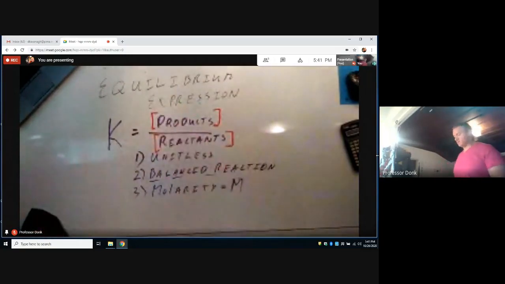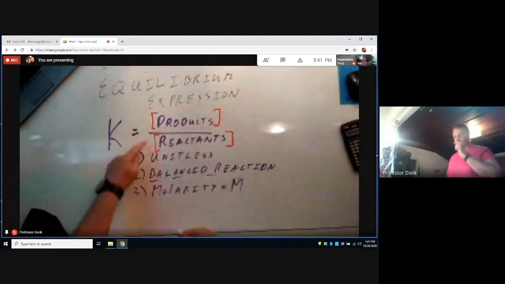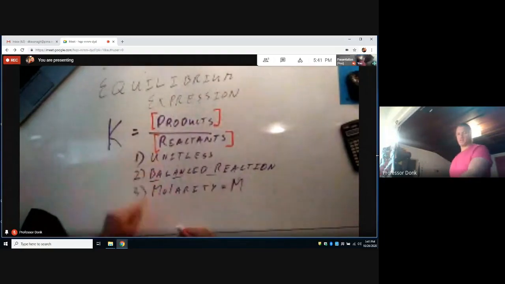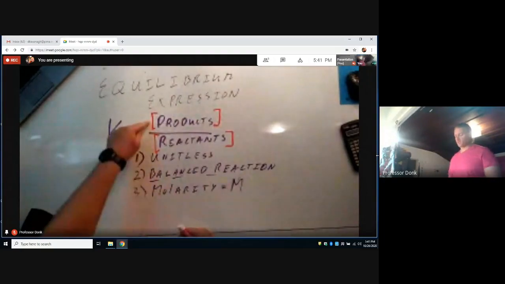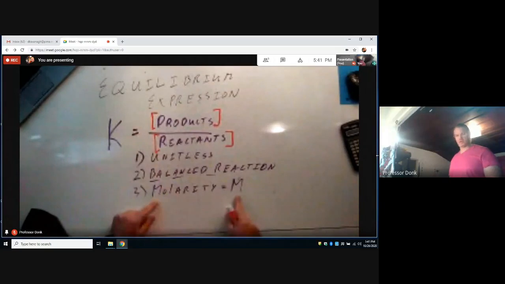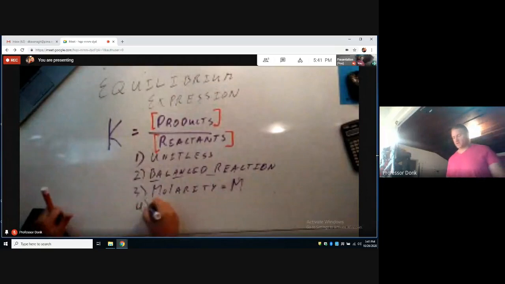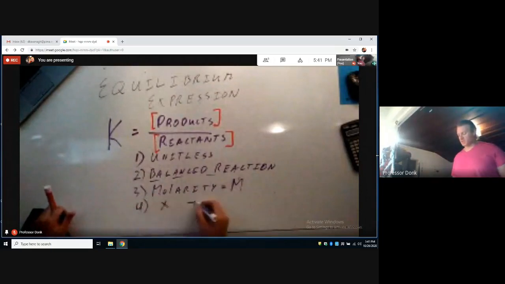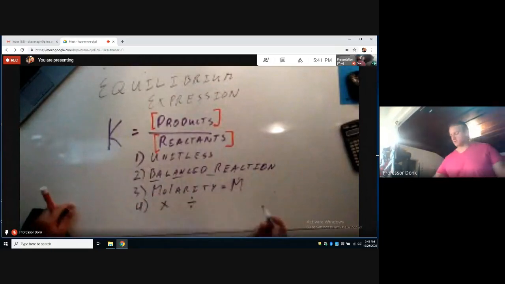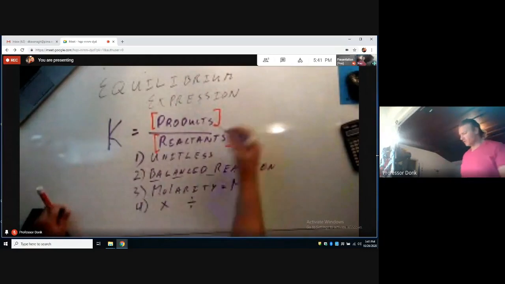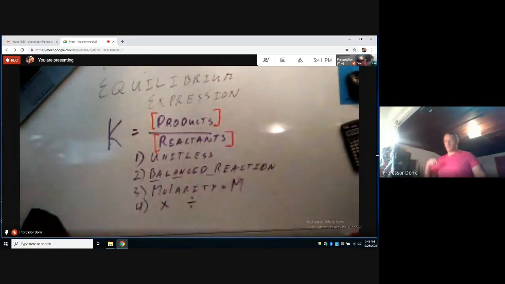So in this chapter and beyond, if you see square brackets around a chemical formula, it is hieroglyphics telling you that it is molarity, moles over liters. And the fourth thing about this is that it is only multiplication and division. It is multiplication and division. Fourth thing about the equilibrium expression.